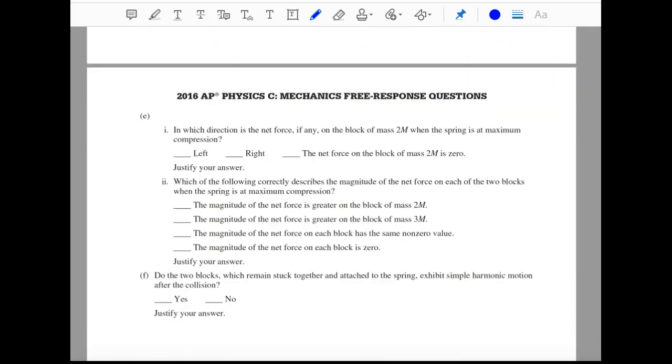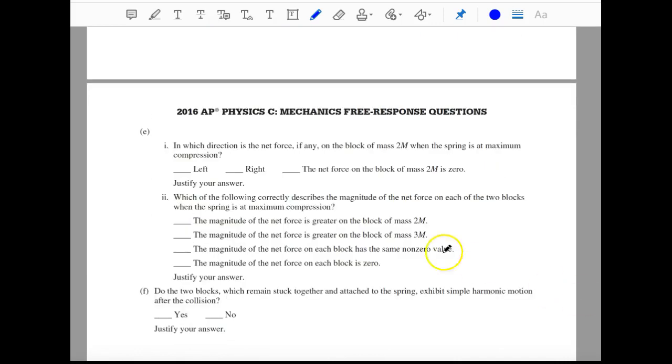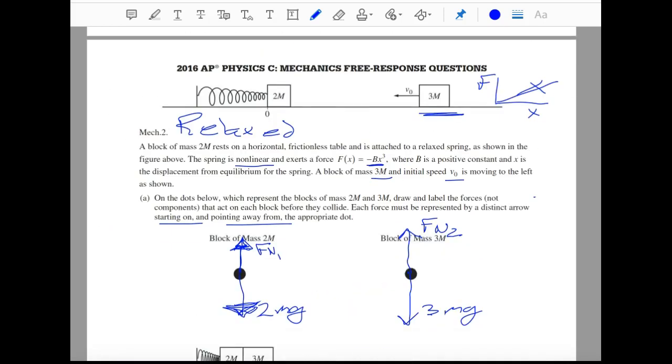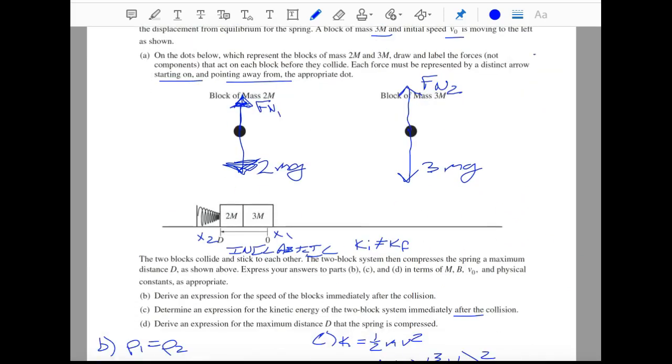For the next part, it says, in which direction is the net force, if any, on the block of mass 2m when the spring is at maximum compression? So the answer that you want here is it is actually to the right. We're looking at the force on 2m. When it's completely compressed, the force on 2m coming from the spring is pointing towards the right.